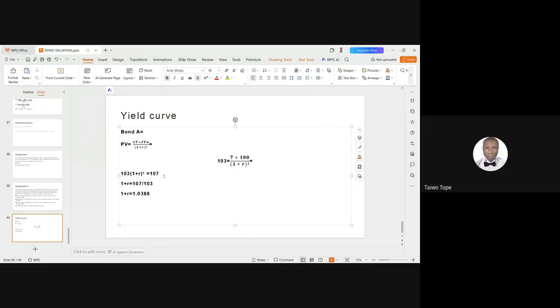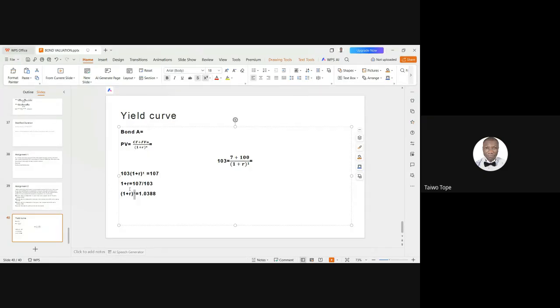Now, this 1 plus R is raised to the power of 1. For you to remove that power, I want to explain this so that when you go to 2, you will know what to do. Since it's raised to the power of 1, the principle of mathematics is that you take the root of 1.